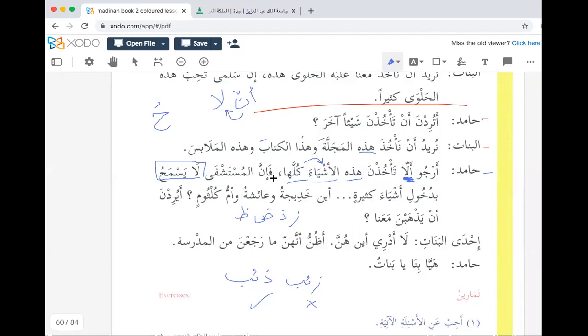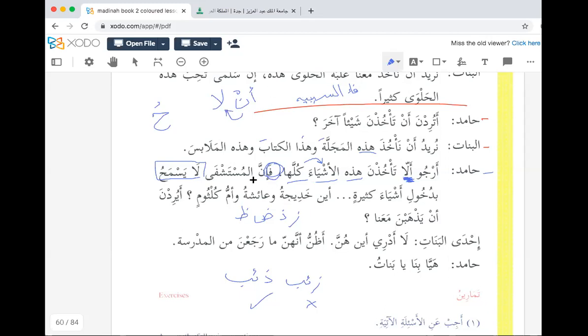Then he gave the reason. Fa. This fa is known as fa as-sababiyya, the fa of reasoning.